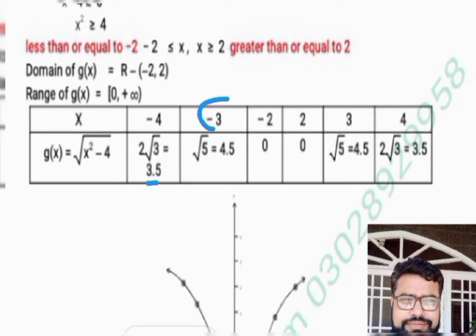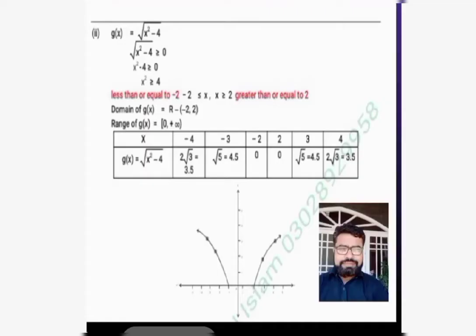If we put minus 3, you can use the calculator, the answer will be square root 5, and square root 5 is 2.2.